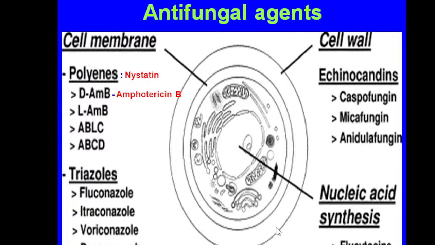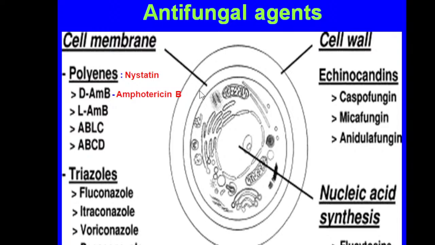And that is a problem to find this type. So generally speaking, if we take a look at this, as I said, this is a simplified scheme of the fungal cell, right?